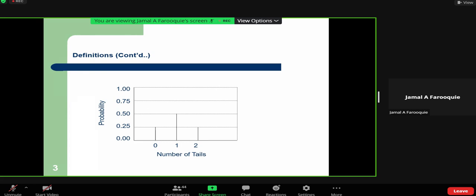And what values can this random variable assume? 0, 1 or 2, because no other value is possible as far as the number of tails is concerned. This pattern of probabilities associated with 0, 1 and 2 is called a probability distribution.